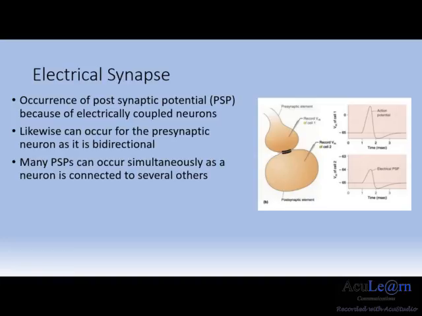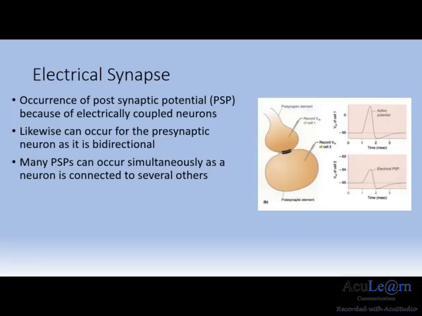When two neurons are electrically coupled, an action potential that occurs on a presynaptic neuron can result in a small amount of ionic current to flow into the postsynaptic neuron. This results in the emergence of a postsynaptic potential, PSP. The reverse can also occur for the presynaptic neuron, as the transmission can also be bidirectional.